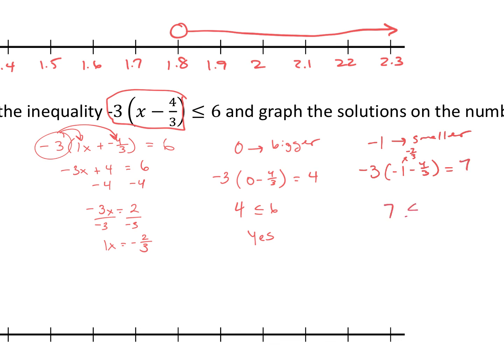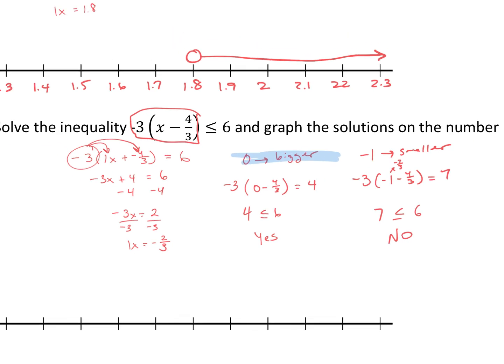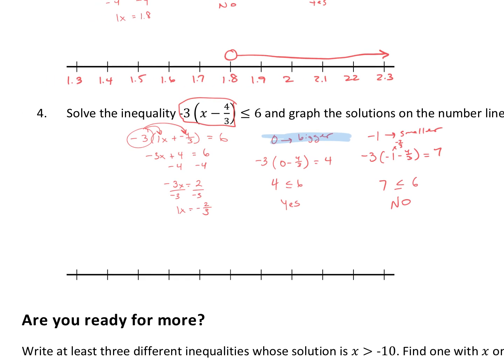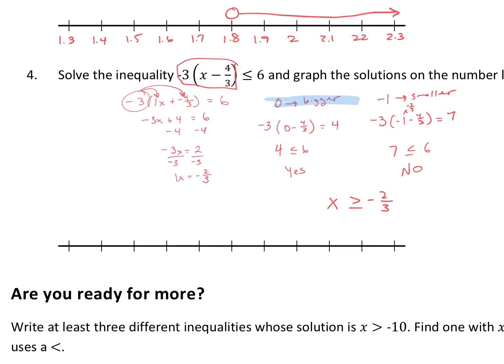So I asked myself, is +7 less than or equal to 6? And no, it's not. So I know my winner is my bigger situation. So I'm going to write an inequality that says x is greater than or equal to -2/3.